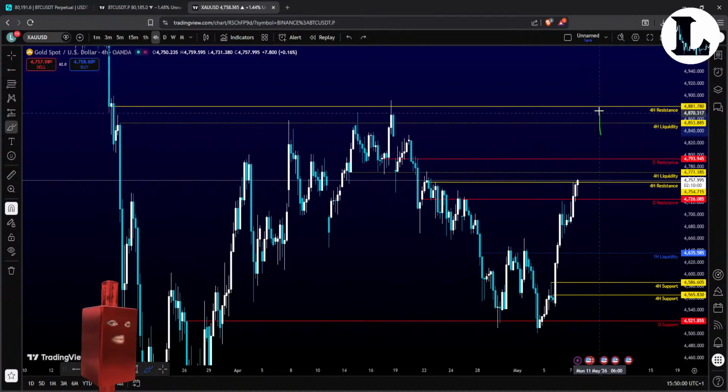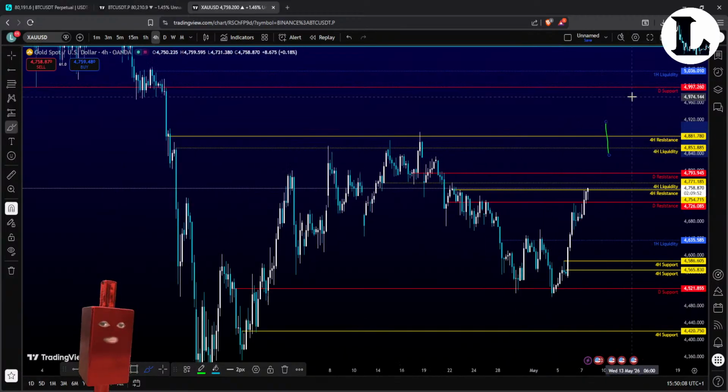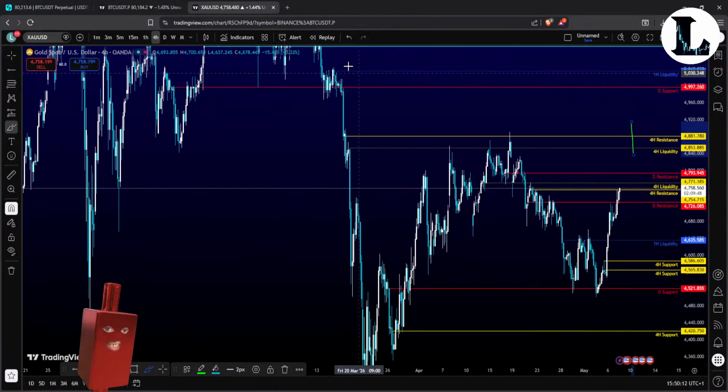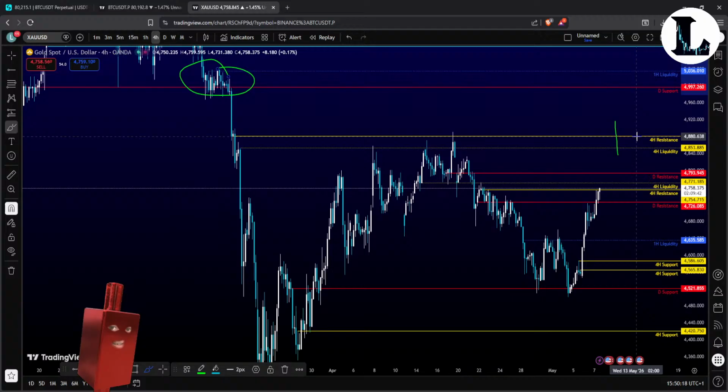So, we might just go a little above that liquidity and probably above this 4 hour resistance. Okay, and we failed to go to the next range, that is this one here. It goes to the middle, maybe between the resistance and that daily support.